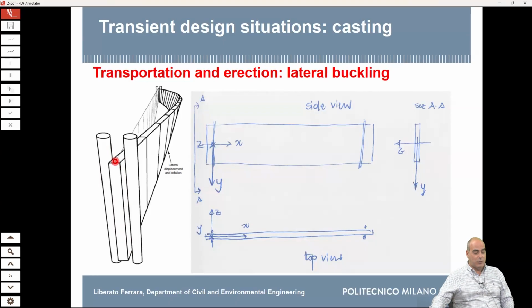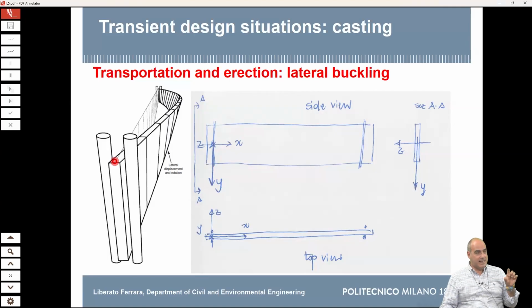So if this is 20 centimeters and this is 2 meters, it means that the stiffness is 20 by 2 meters, 0.2 by 2 to the cube in one case. In the other case it is 2 by 0.2 to the cube. So between the two stiffnesses, if you work out the math, there is a factor of 100.